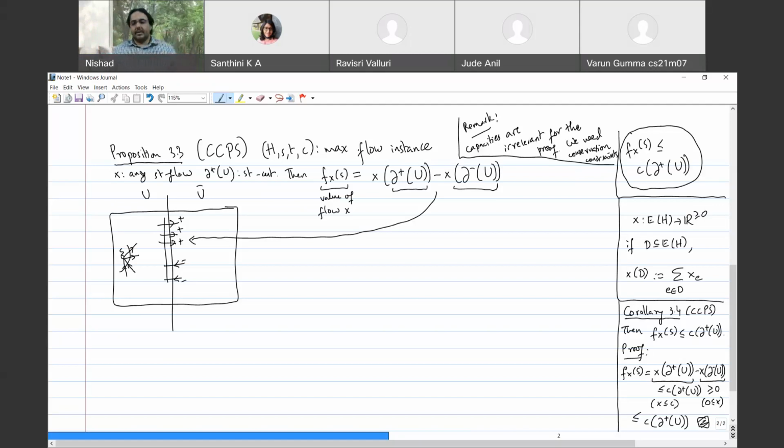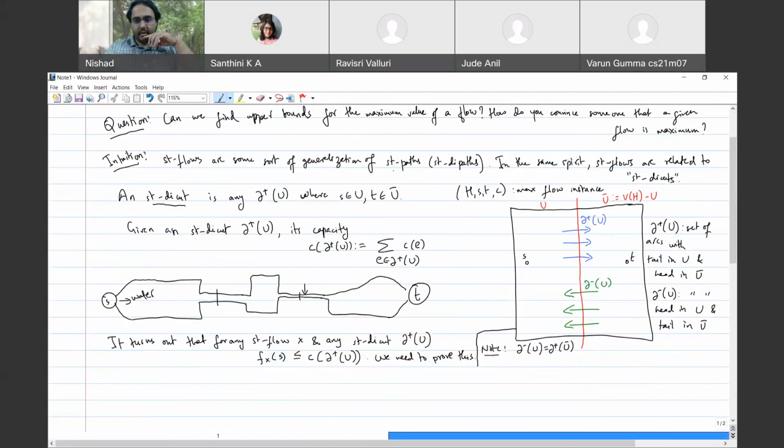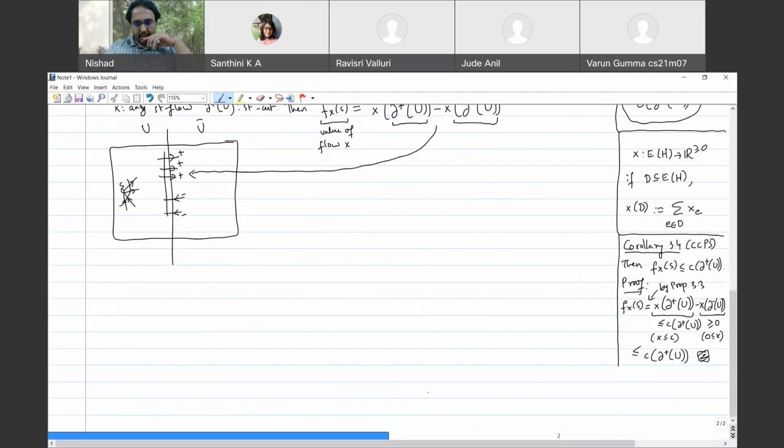Okay. So what remains to prove is proposition 3.3. All right. Before we go there, let's look at one example from maybe yesterday. Yes, I'll have to switch the page.